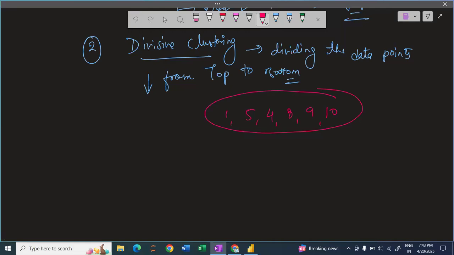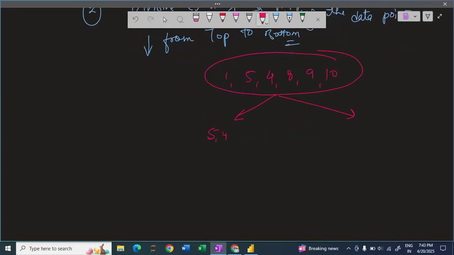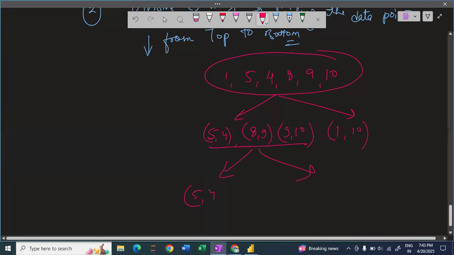Two parts means like 5, 4, and 8, 9, and 9, 10, and 1, comma 10. Then again, these data points are divided into 2 points, like 5 and 4, and 9 and 10.